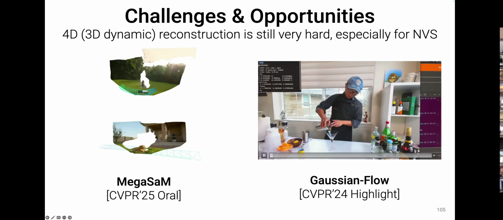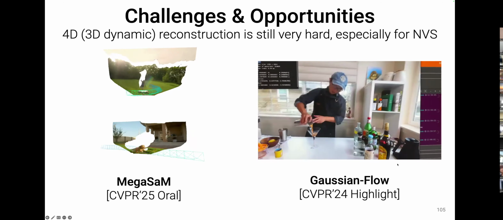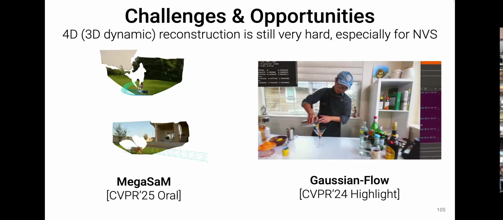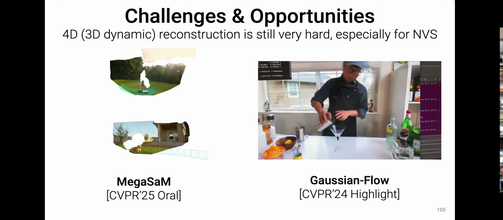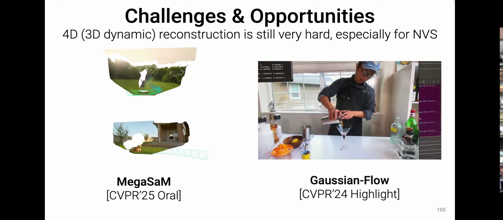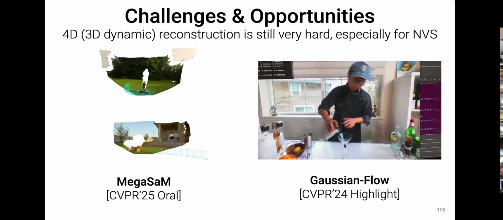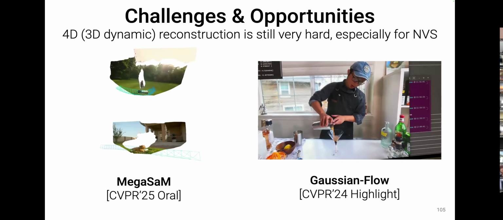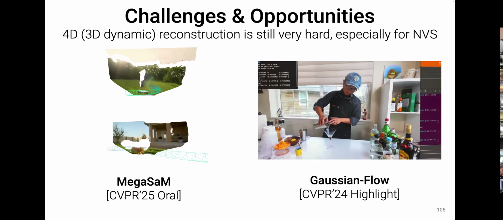And this was the state of the art method, and you can see how hard this problem is, because it is inherently a very hard problem. Camera motions, scene motions, and maybe scene changes and all that are all inherently ambiguous. So how to disambiguate all these things still remains a challenge.